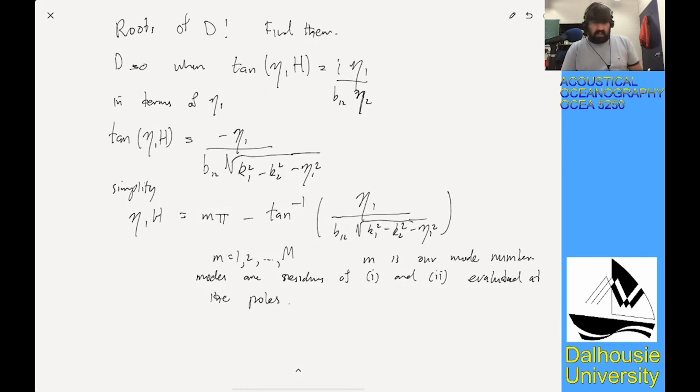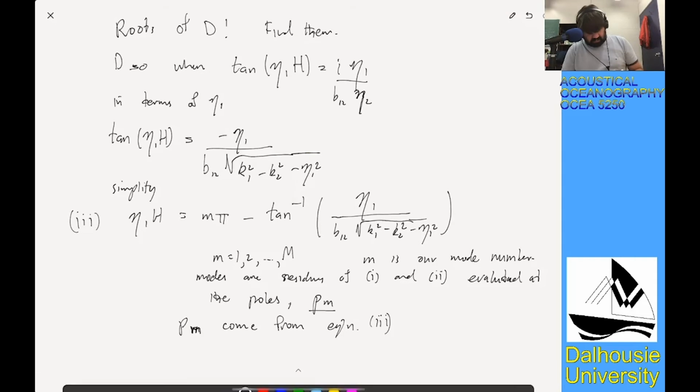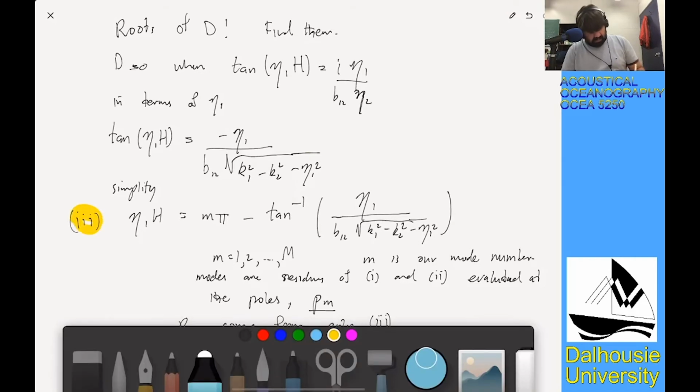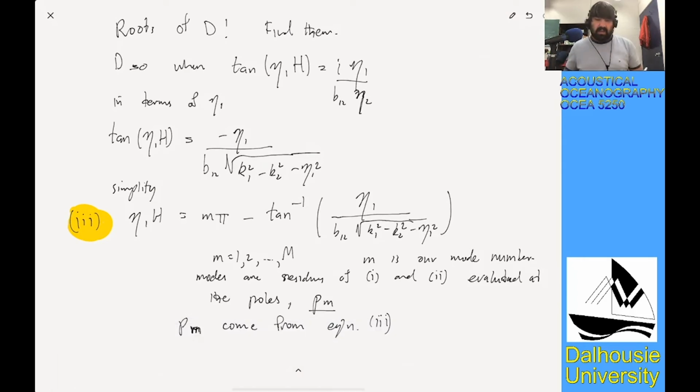We're in the p plane, so I'm going to call those poles PM, and PM come from equation 3. This equation is equally deserving, because it tells you so much about the system. It tells you where those poles are, and that tells you the answer to the integral.